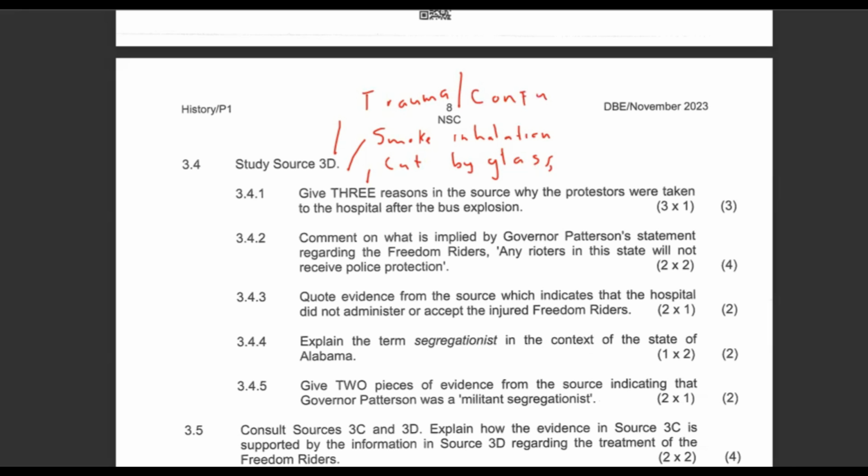Then comment on what is implied by Governor Patterson's statement regarding the freedom riders. Any rioters in this state will not receive political protection. So, in other words, the governor did not support the cause of the freedom riders.